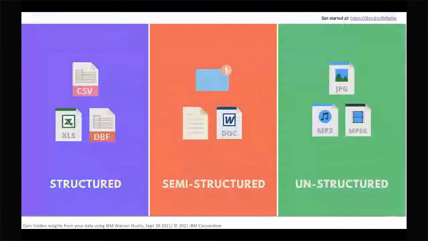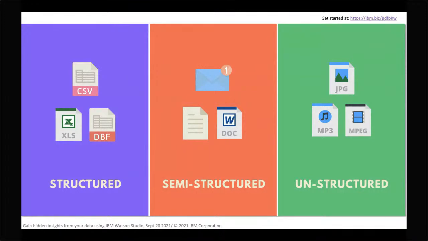Data can also be divided into structured, semi-structured, and unstructured. As the name suggests, if the data that we have is already in a tabular format, be it in CSV files or Excel files, then basically it's ready to be worked with. We would classify it as structured.